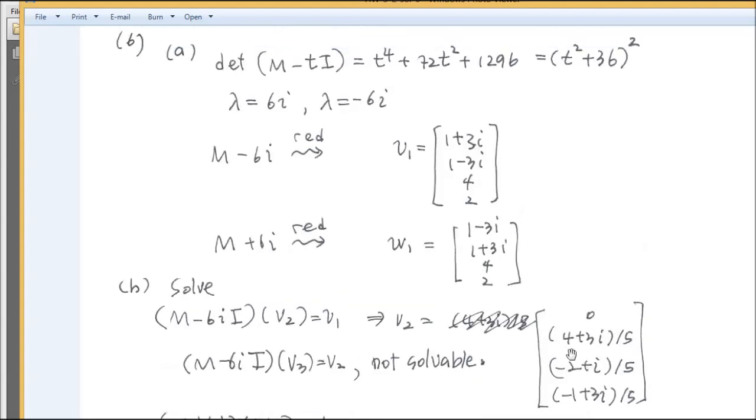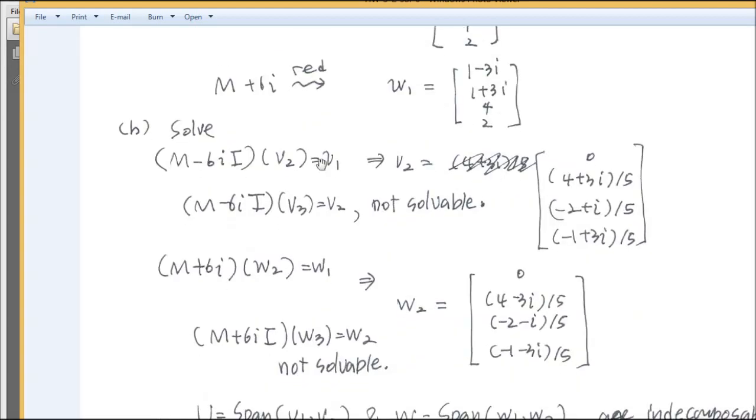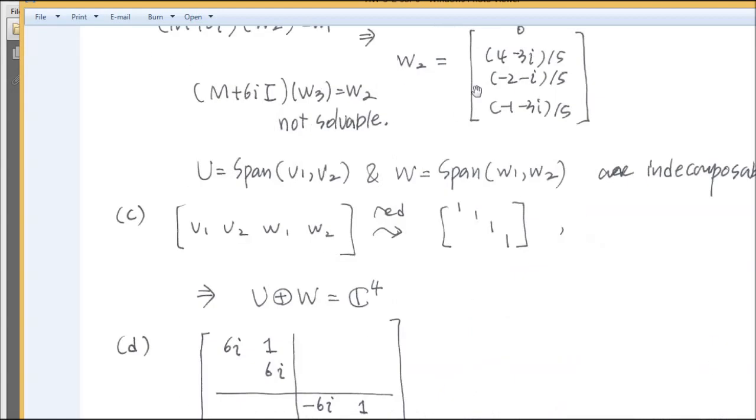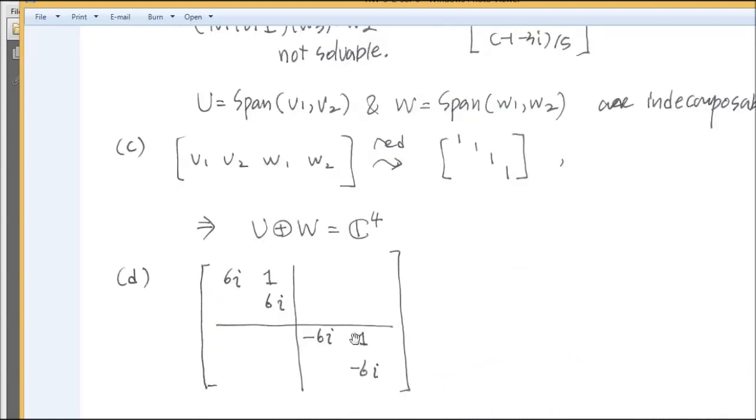So we don't have 4 eigenvectors, and the dimension is 4, right? So you have to pull it back and figure out that business again. It turns out that for eigenvalue 6i, there's a pullback, so there's a 1 up there. For eigenvalue -6i, it pulls back 1 time, looks like this. So that's the matrix with the complex coefficients.